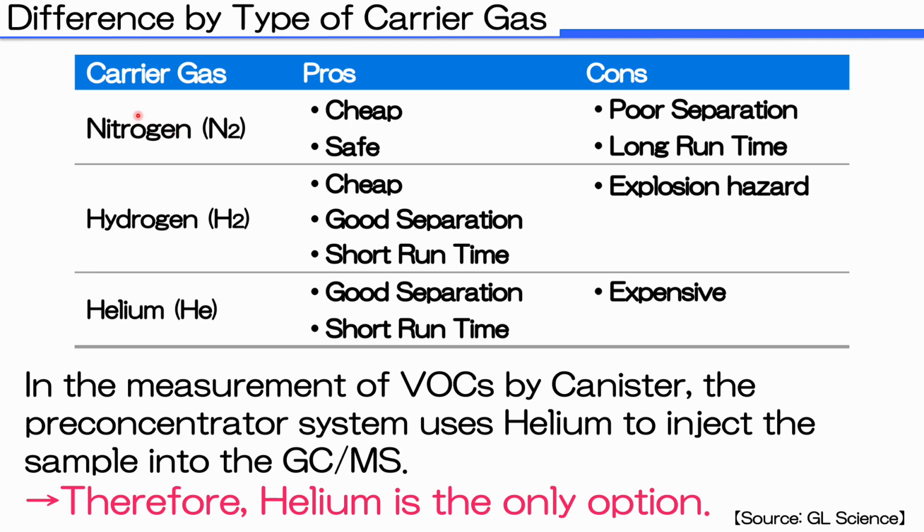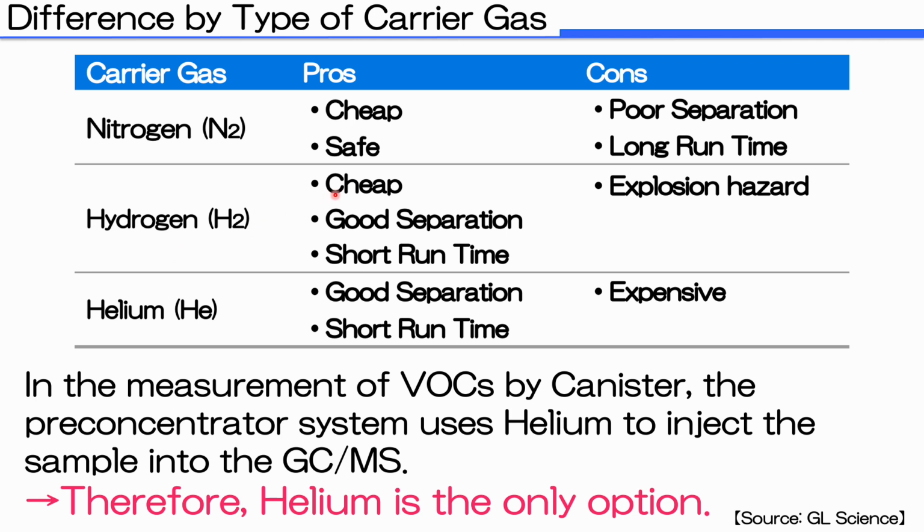This table lists the pros and cons of carrier gas types. Nitrogen is a cheap, safe gas, but the disadvantages are poor separation and the time consuming for one run.